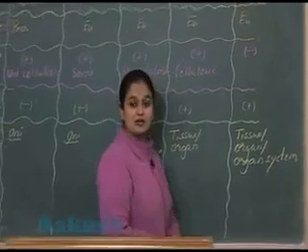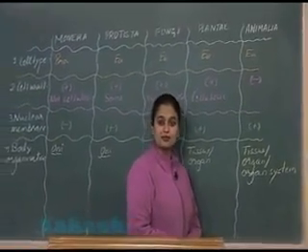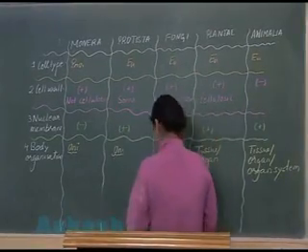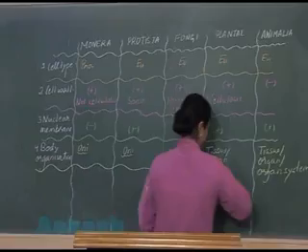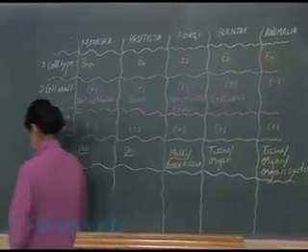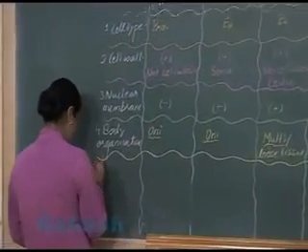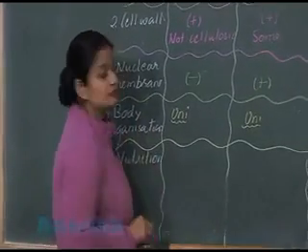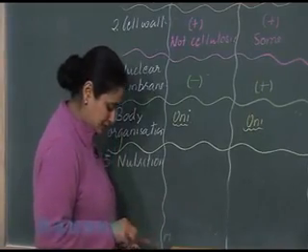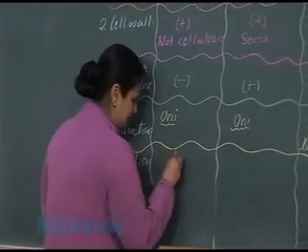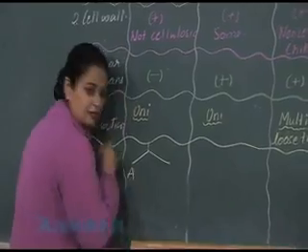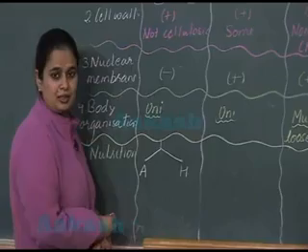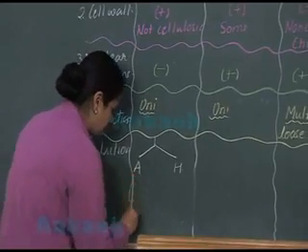Now the last feature, that is mode of nutrition. Monera, the organisms can be autotrophic, write A for autotrophic, as well as heterotrophic. In the autotrophic, there are two categories.